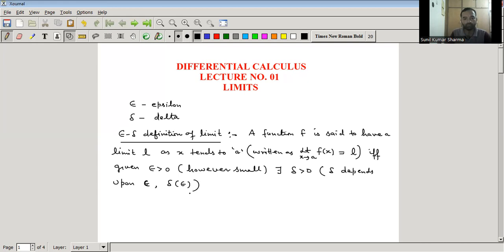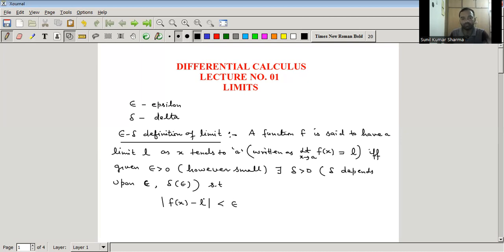The meaning of this symbol is delta depends upon epsilon, such that mod of f(x) minus L is less than epsilon. That is, the distance between f(x) and L should be less than epsilon, and we choose epsilon to be as small as possible, right?